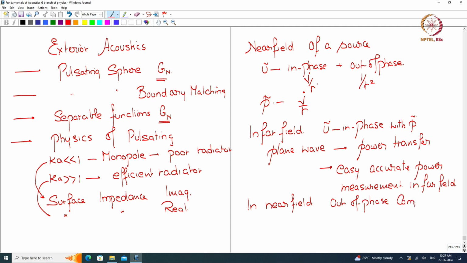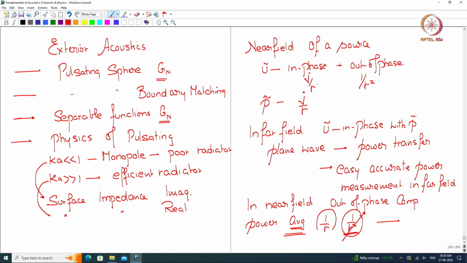In computing or measuring power, averaging is done, and when you average 1 over r which is out of phase, 1 over r which is in phase and 1 over r square which is out of phase, and in the near field this dominates, then averaging can be inaccurate, so that the result will be erroneous. So you have to be in the far field so that this component has died out.